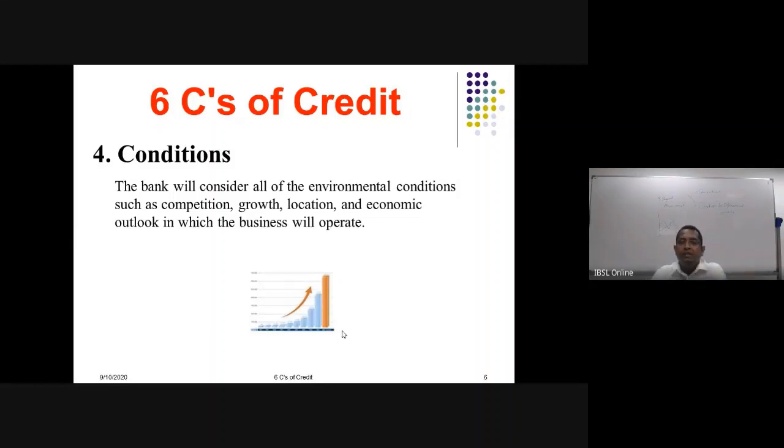Then the conditions. What do you mean by conditions? Here the condition does not mean the conditions the bank or society put forward on the sponsor, right? It is the condition of the business environment.